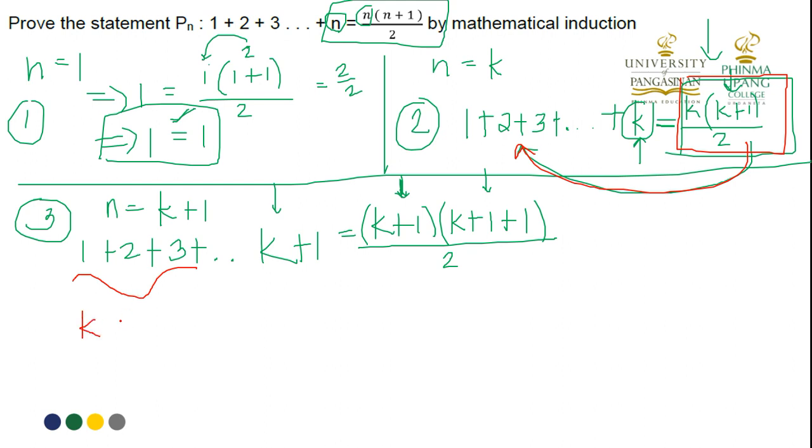Yung left hand ng equation natin is magiging k plus 1 all over 2. Dapat may plus yan kasi may plus doon. Nakalimutan kong ilagay. Plus, copy mo yung k plus 1 is equivalent to k plus 1.